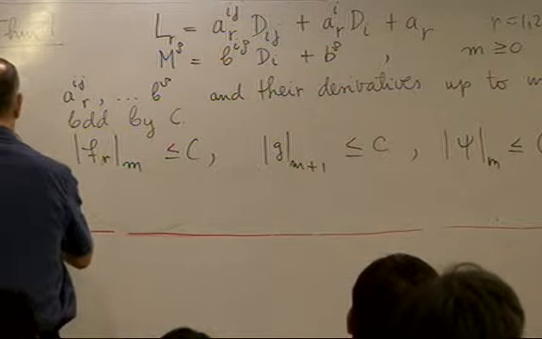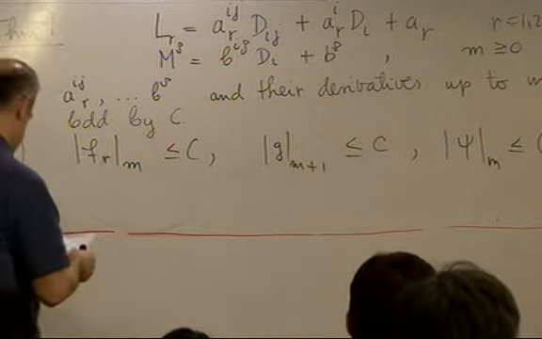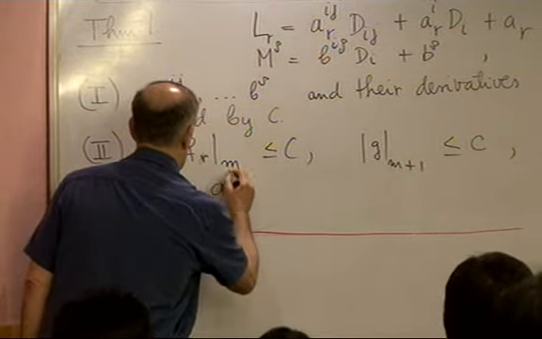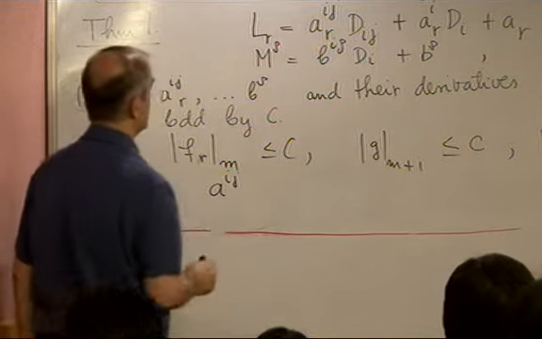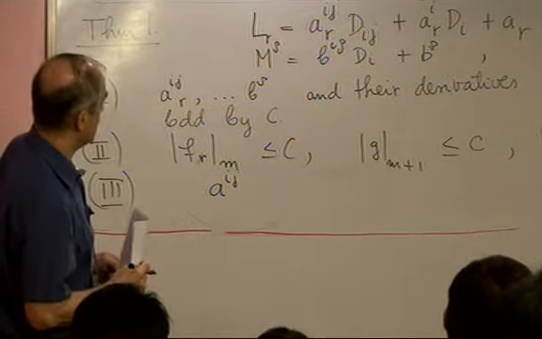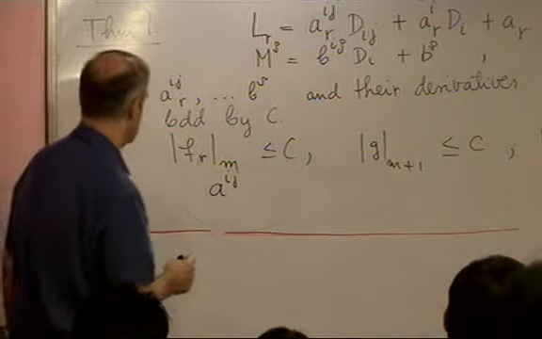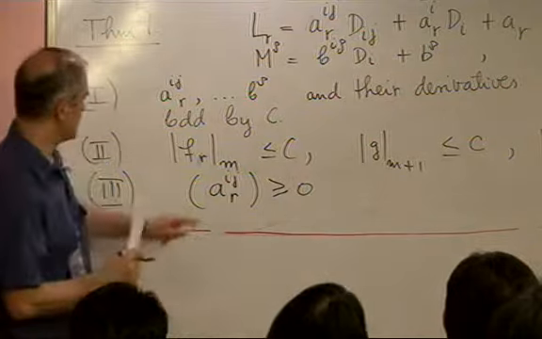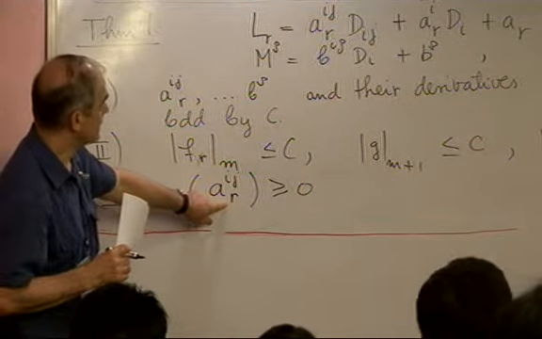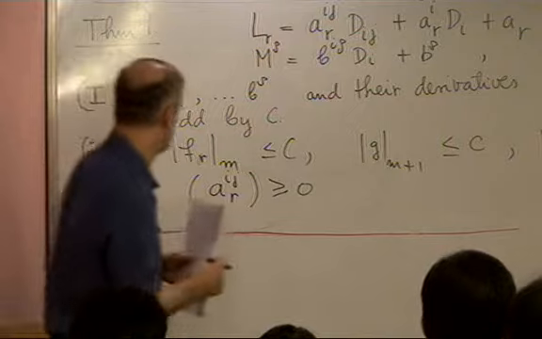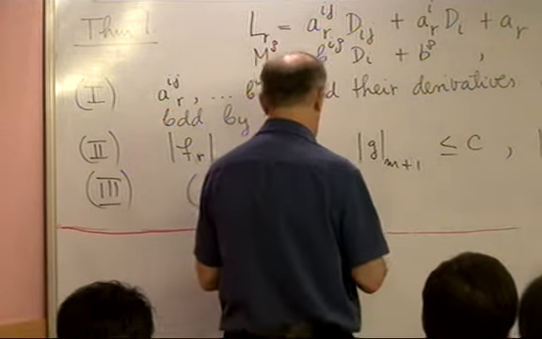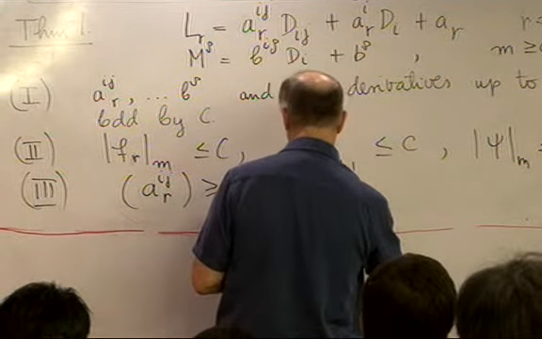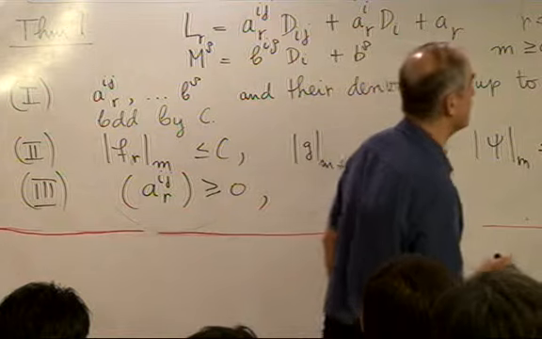And third, that the matrices or the operators L are degenerate elliptic. So I write it like this, that this matrix for each R is non-negative definite, and the degenerate stochastic parabolicity condition.